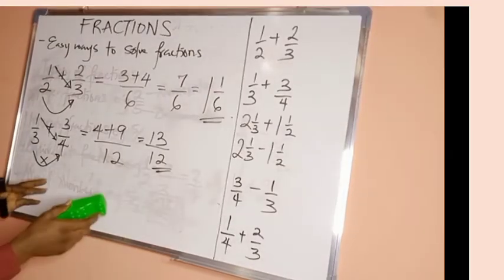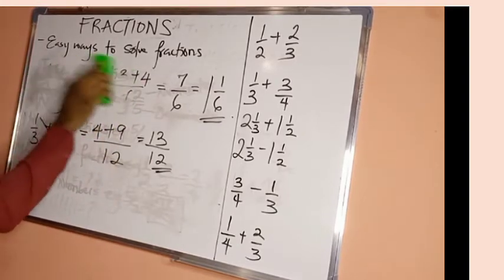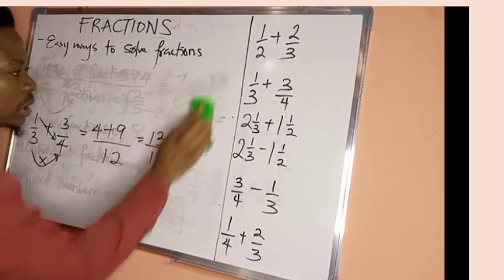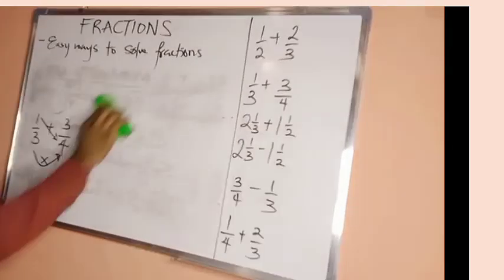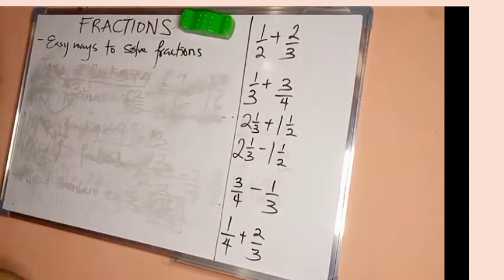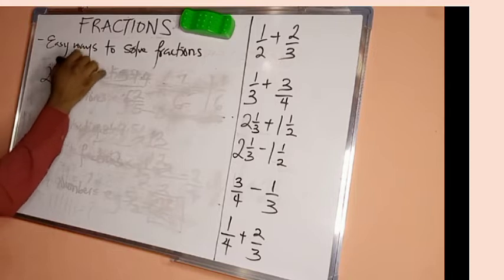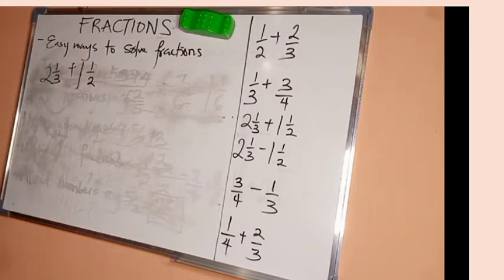Okay, let's see. Let me just wipe this off so we'll try the mixed number. All right. Let's try the mixed number. That's 2 1/3 plus 1 1/2.